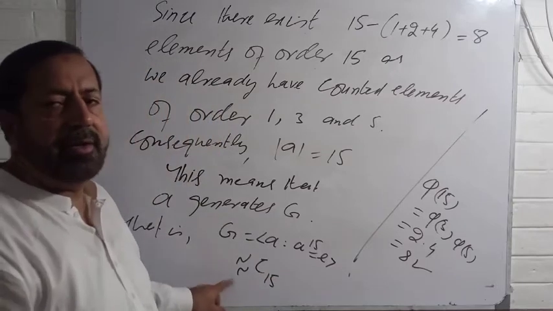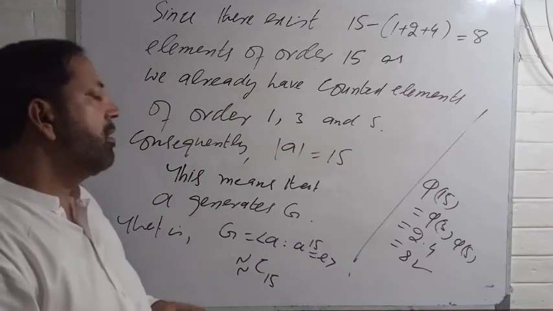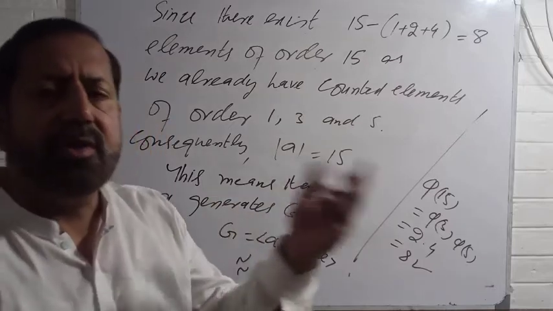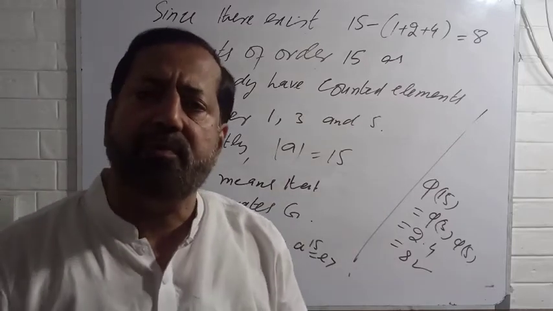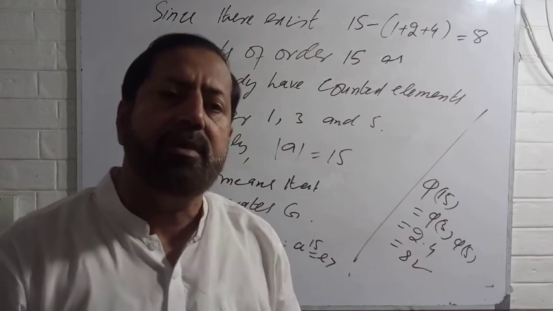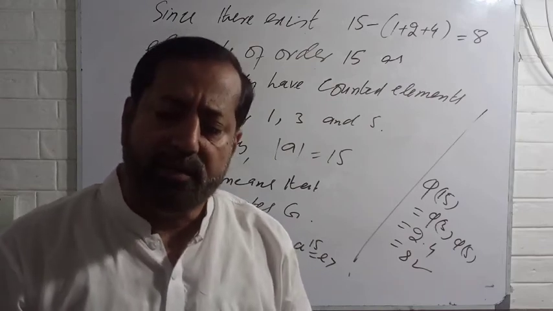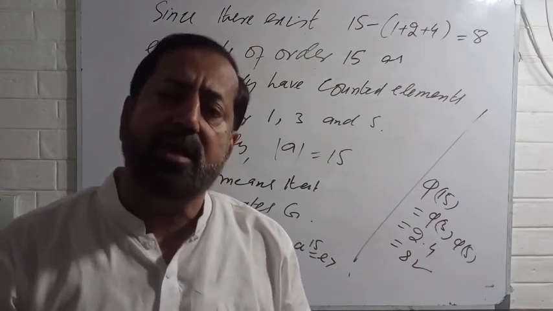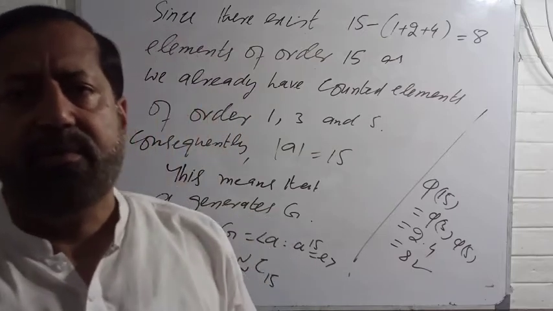Hence G is cyclic. So you have shown, without using that theorem directly, that a group of order 15 is cyclic, right? And you know that every cyclic group is abelian, so there does not exist any non-abelian group of order 15.